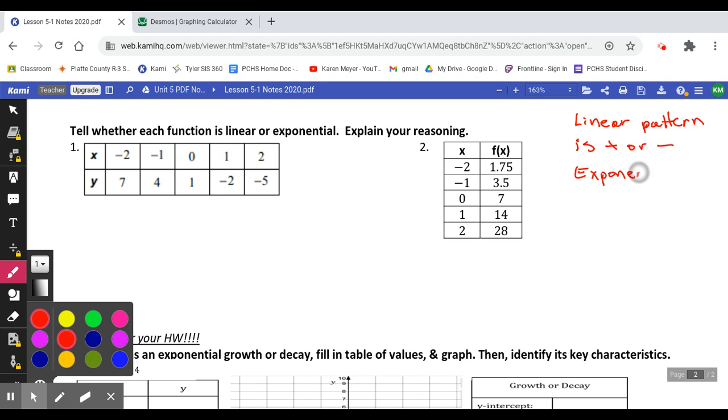Exponential, the pattern is timesing or dividing. And remember, we are focusing on the y numbers only.